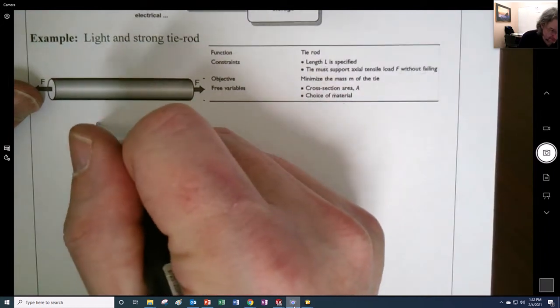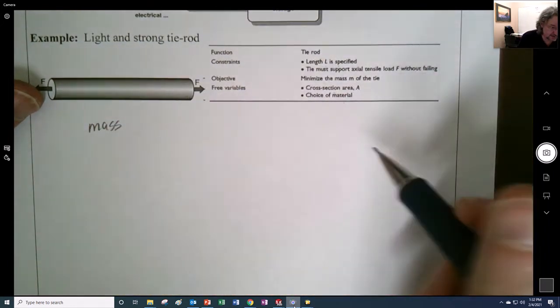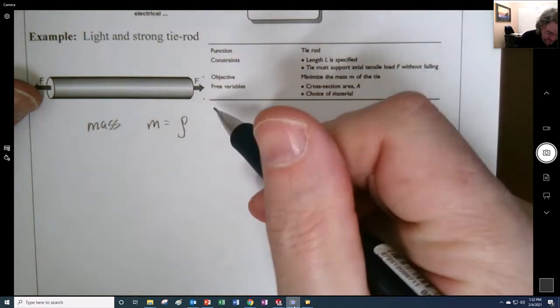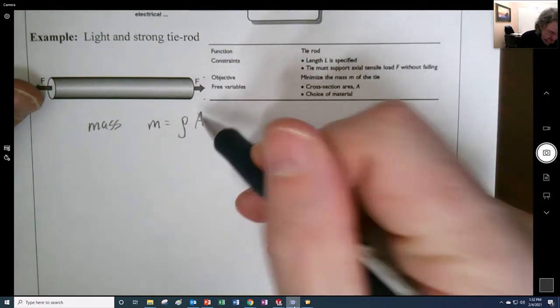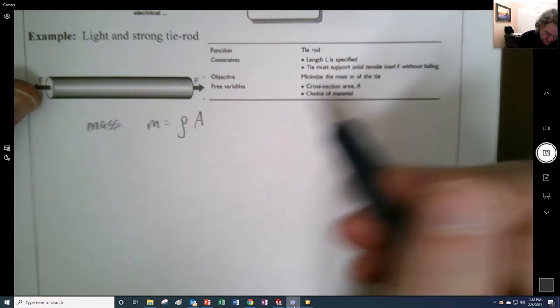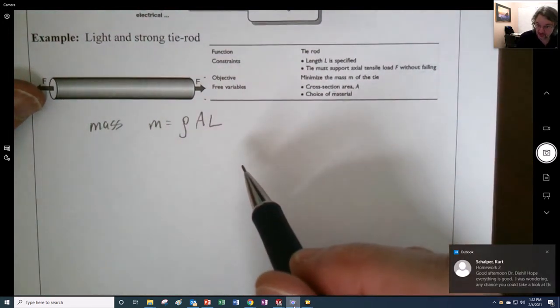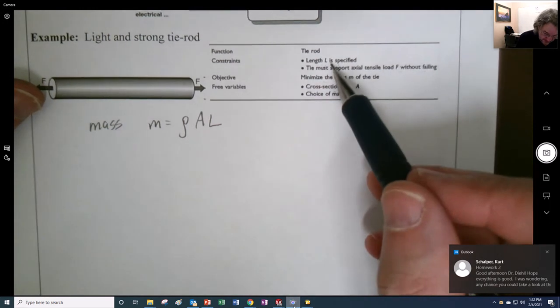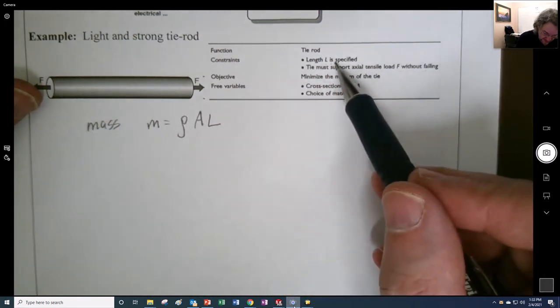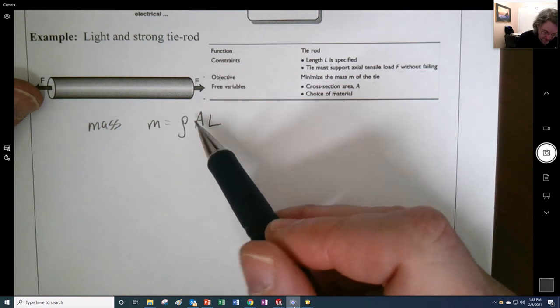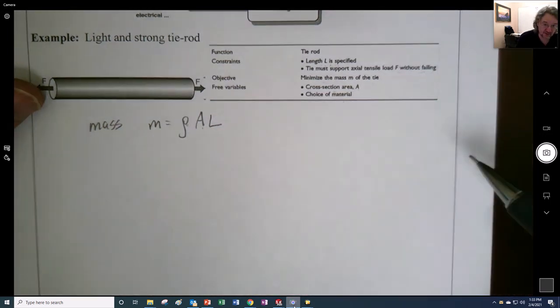So first off, we figure out what the mass is. Well, we could find that if we know the density and we have the area, which is one of our free choices, times the length. The length is specified, area is something we are free to choose, and rho is part of our material.